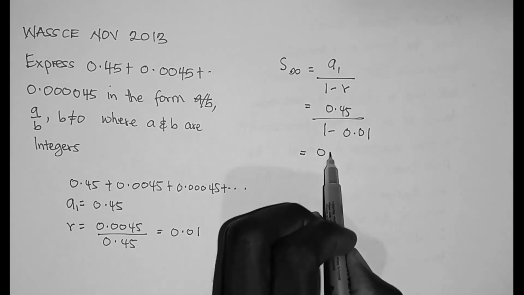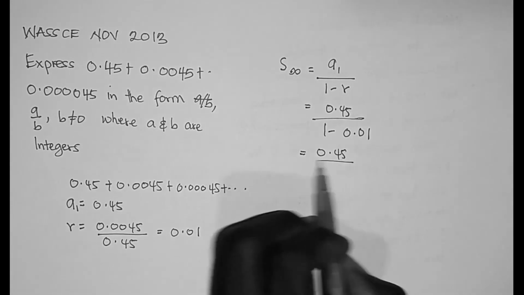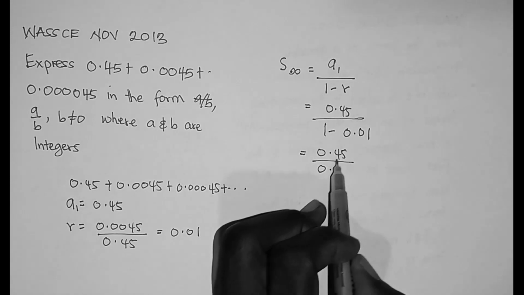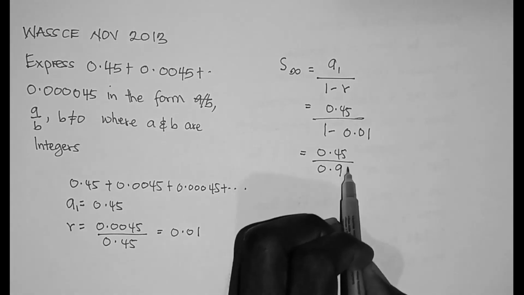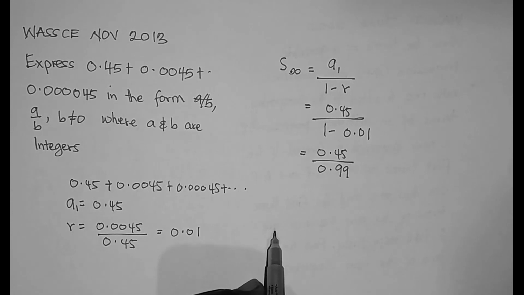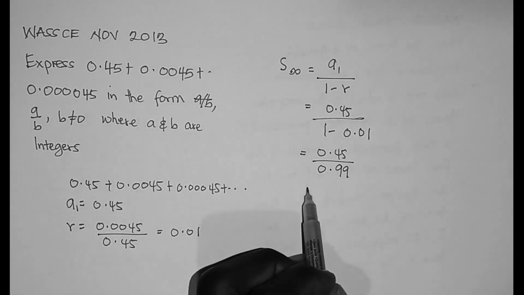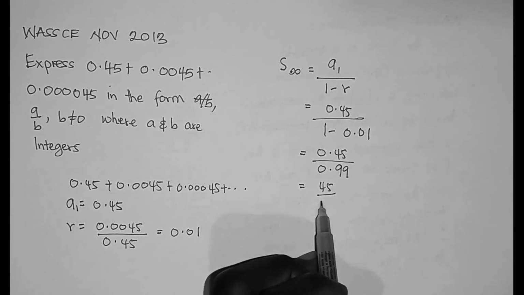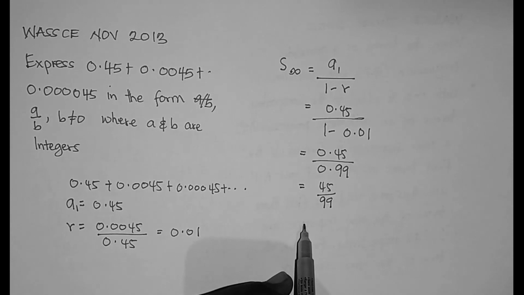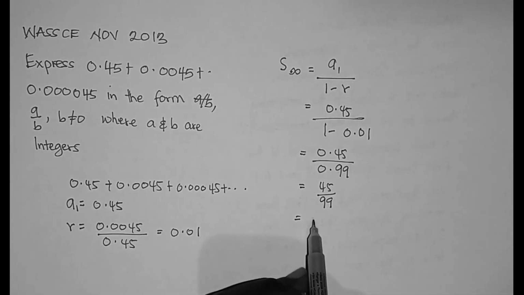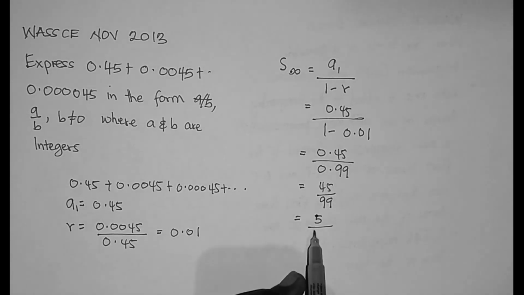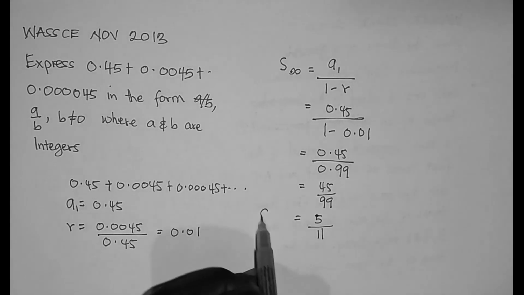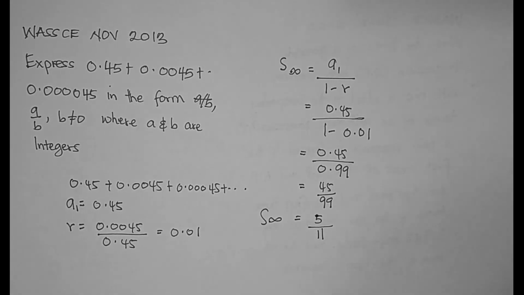This is equal to 0.45 divided by 0.99, and this is equivalent to 45 divided by 99. And then 45 divided by 9 is 5, and 99 divided by 9 is 11. So at the end of the day, the sum to infinity equals 5 divided by 11.